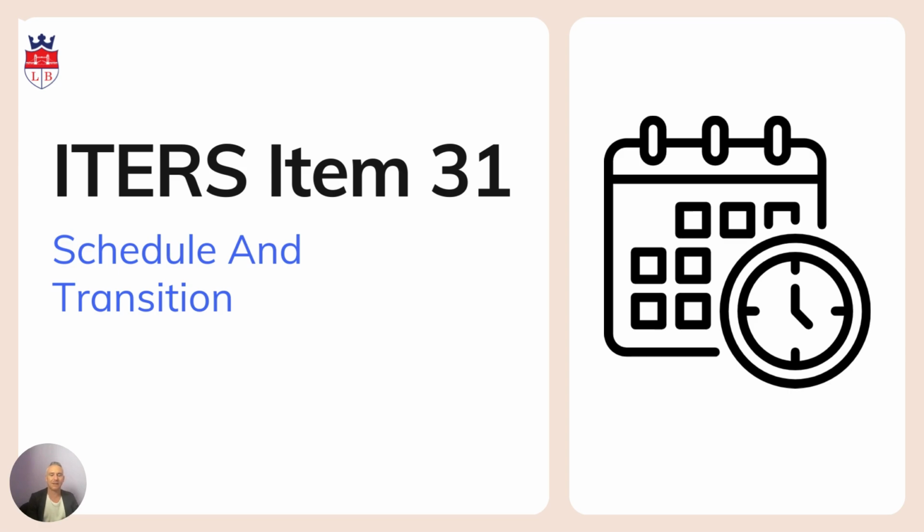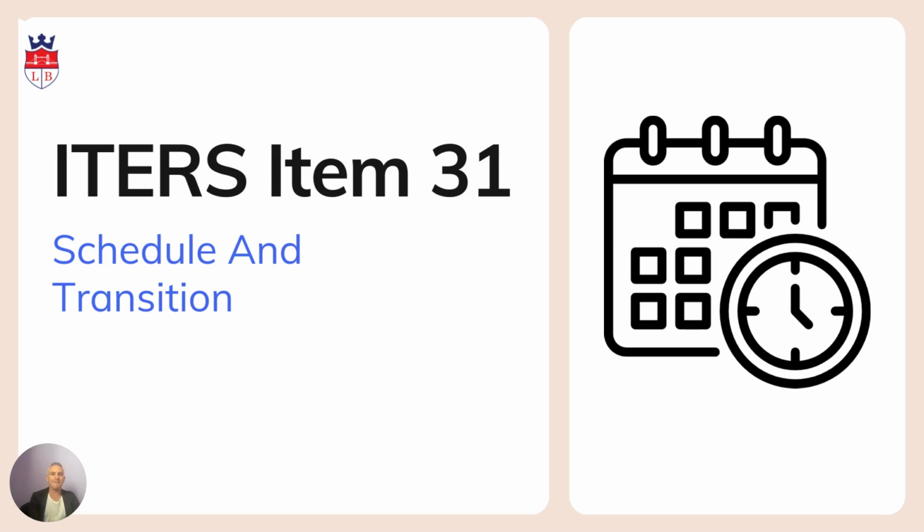So what we're going to do in this presentation is start off by looking at some of Sammy's top tips for scheduling and transitioning in an early years 0 to 3 classroom. And then we're going to go on to look at the indicators, the criteria for an inadequate rating, which would be 1. If you meet any of the inadequates, you're coming out at a rating of 1 according to ITERS.